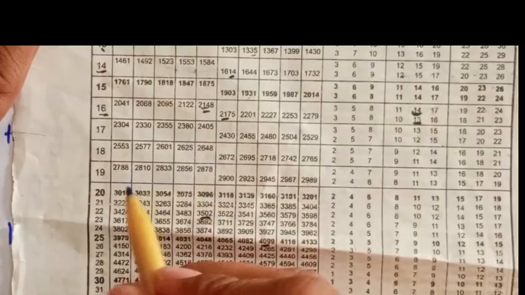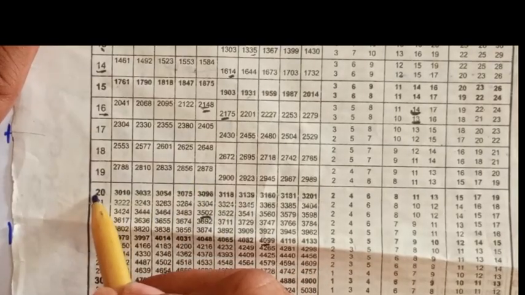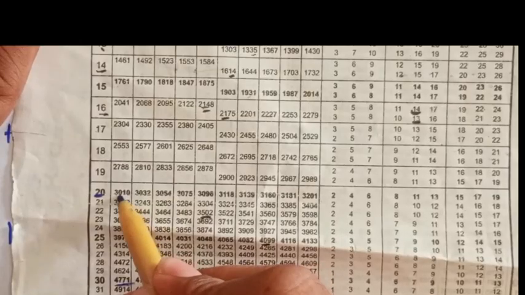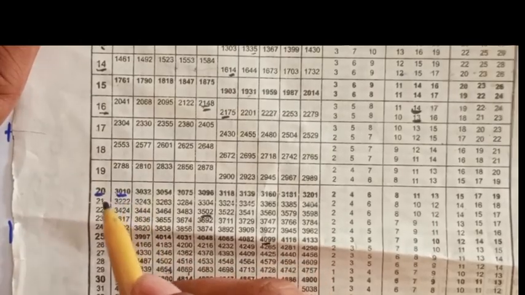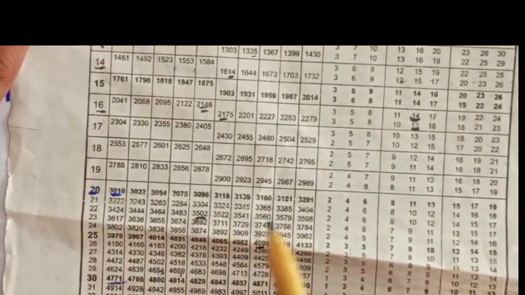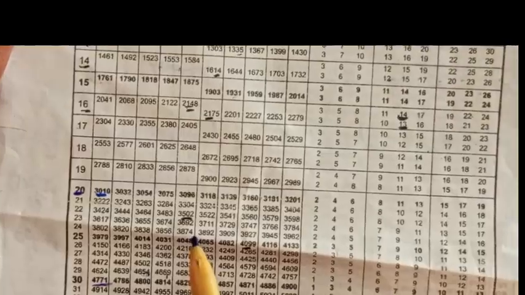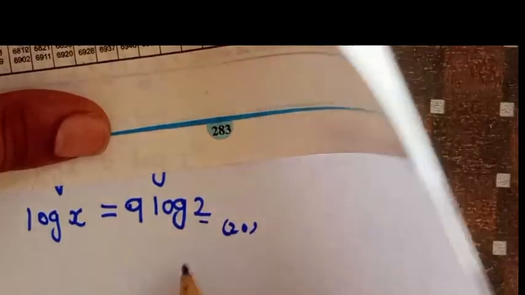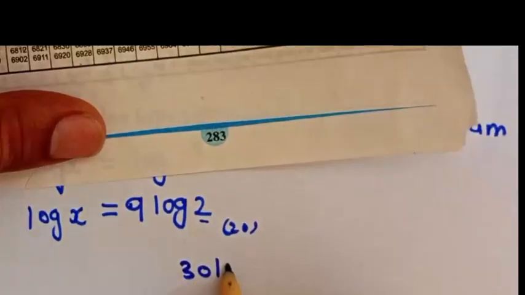See this logarithmic table. 20 is there, so I will find it in the 0 column. In the 0 column it will be 3010. So I am finding its mantissa. So my mantissa of log 20 is 3010.